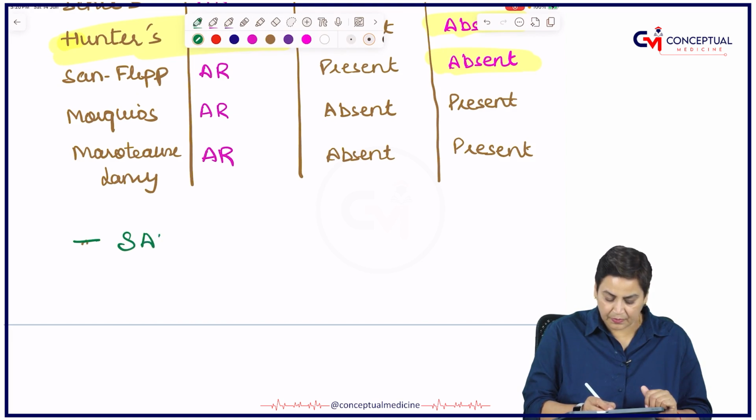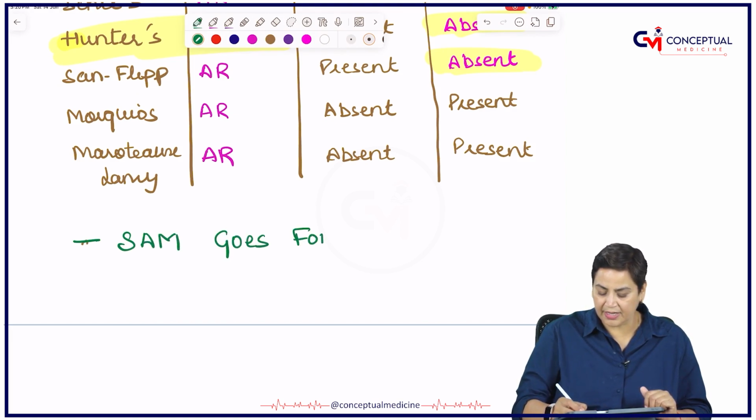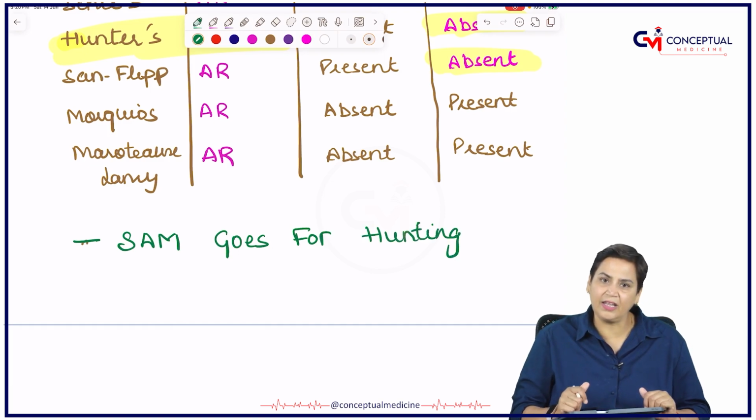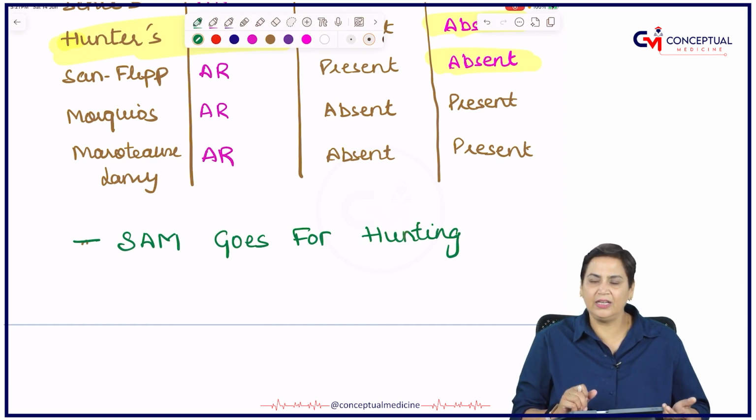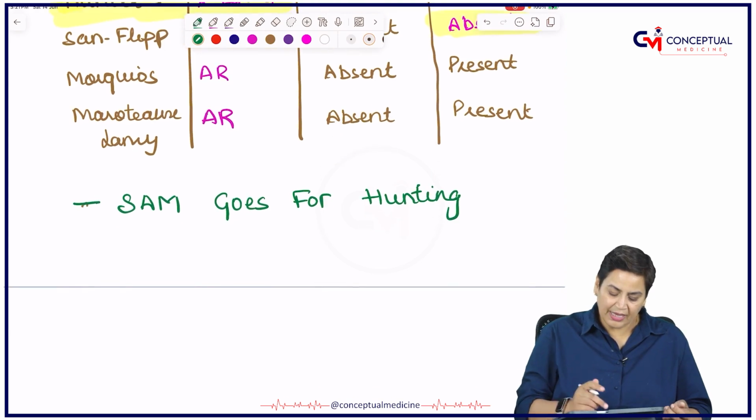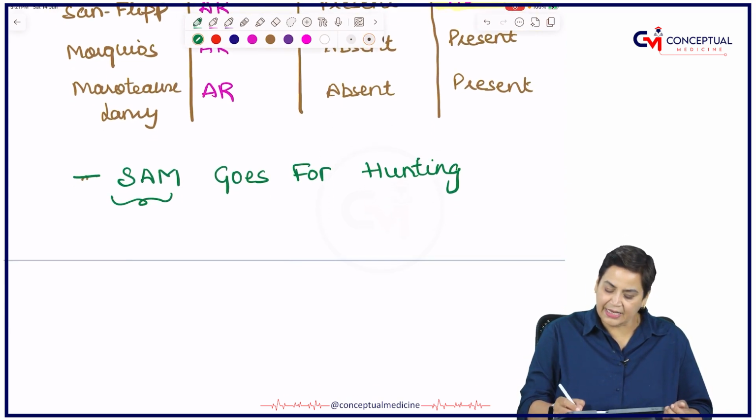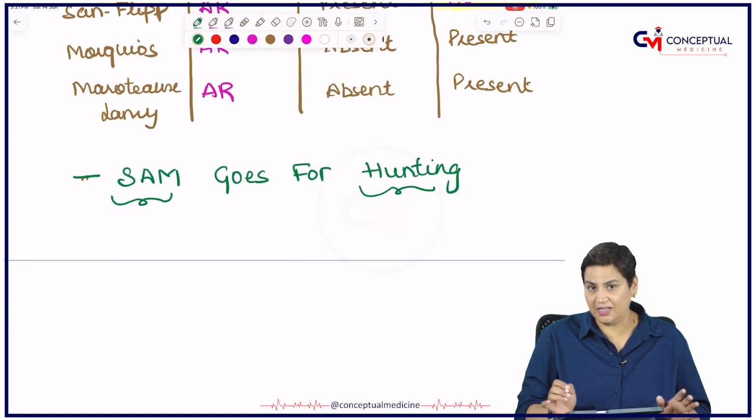And it is very clear, if we can't see, we cannot go for hunting. So to hunt something, to kill something, one needs to have clear vision. So in Sanfilippo and in Hunter, the vision is clear.